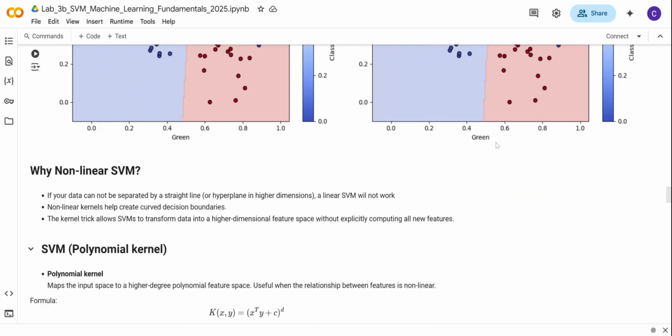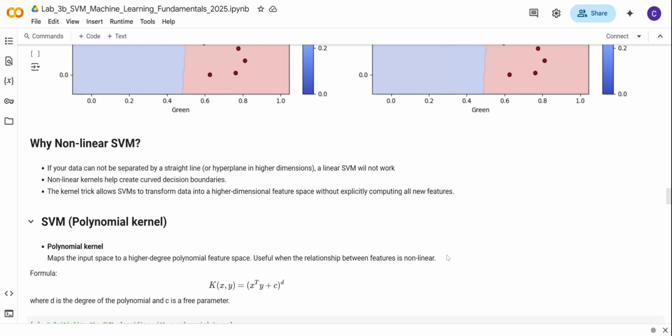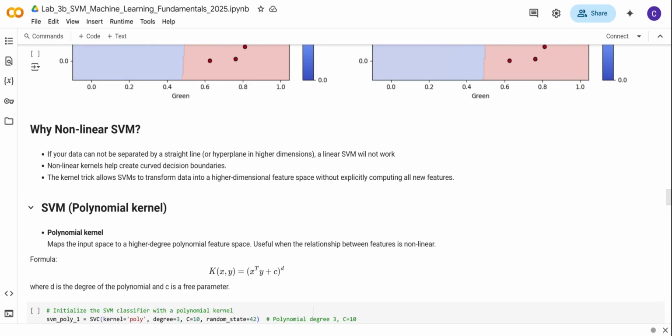So we need to adopt another approach: we need to use a curved decision boundary in order to separate these 2 classes. Here we use what we call the kernel. This kernel trick is very important because it allows support vector machines to transform these data sets into a higher dimensional feature space.